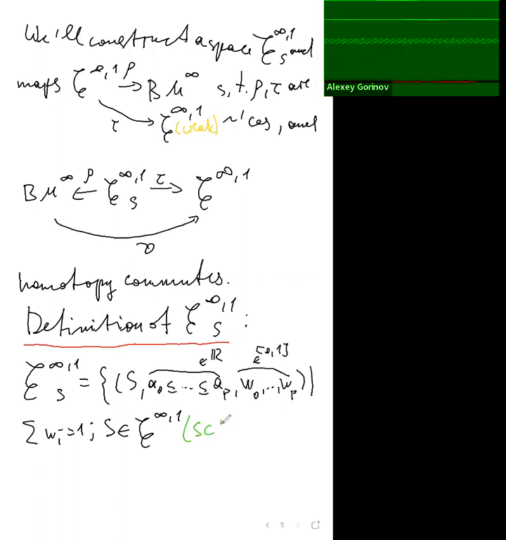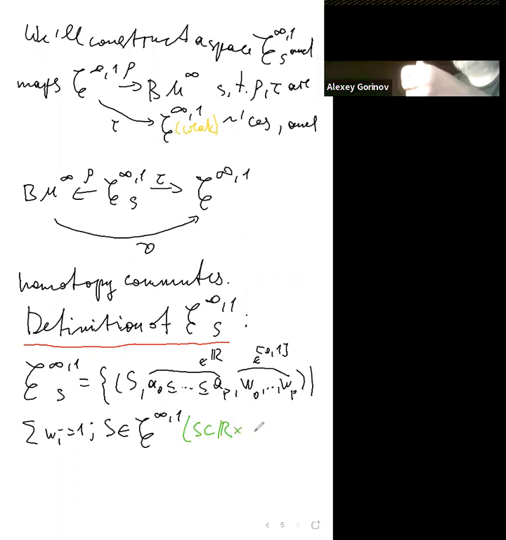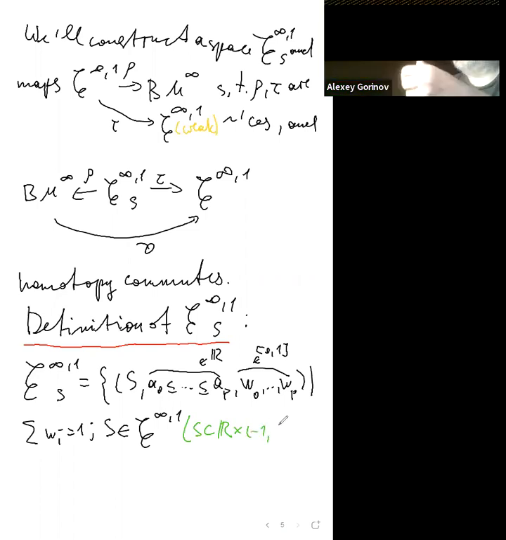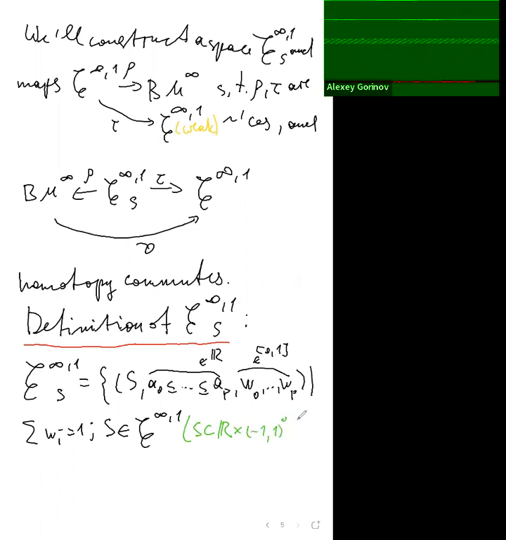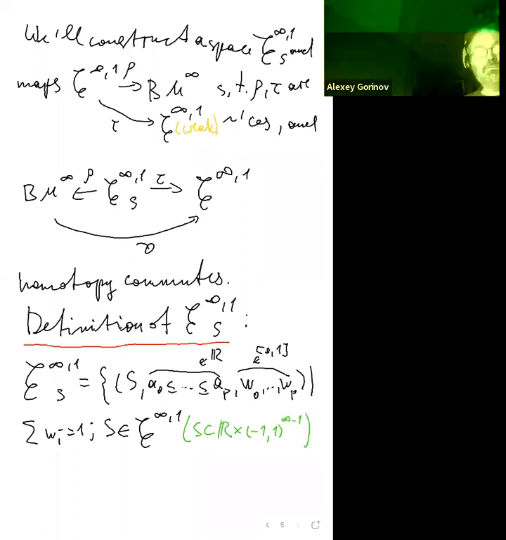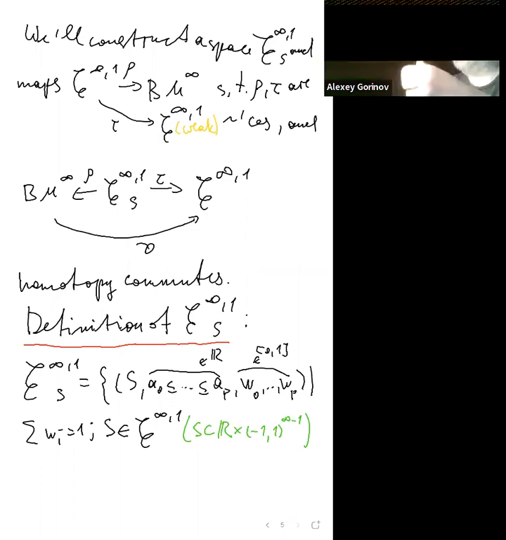So S is inside R cross, and let me put here minus 1, 1, minus 1, 1, infinity minus 1.